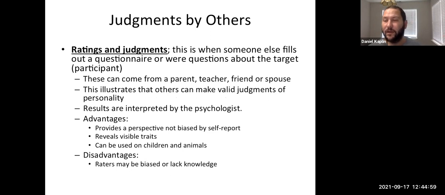And this could be a romantic partner, this could be a friend, it could be a teacher, it could be a parent. For example, one of the measures that we give is a measure of attention deficit hyperactivity disorder. And the Vanderbilt is designed to be given to a parent, teacher, and a self-rating.